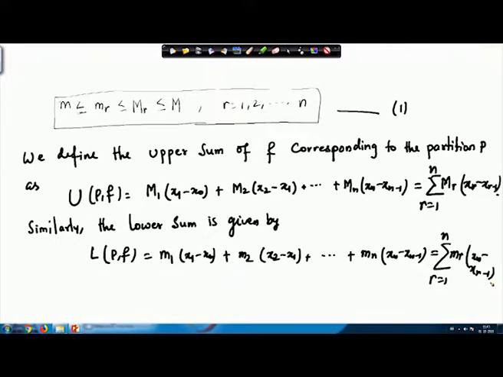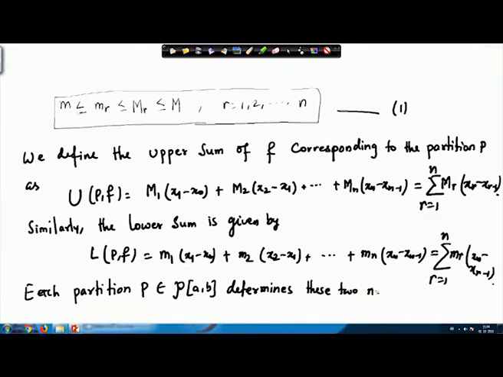Now you see that each partition P belonging to this family of partitions determines these two numbers, U(P, f) and L(P, f).